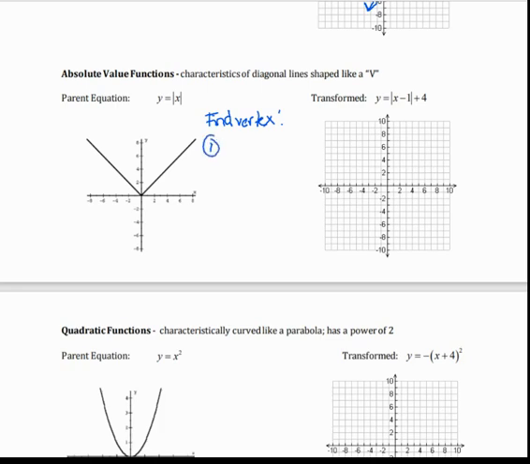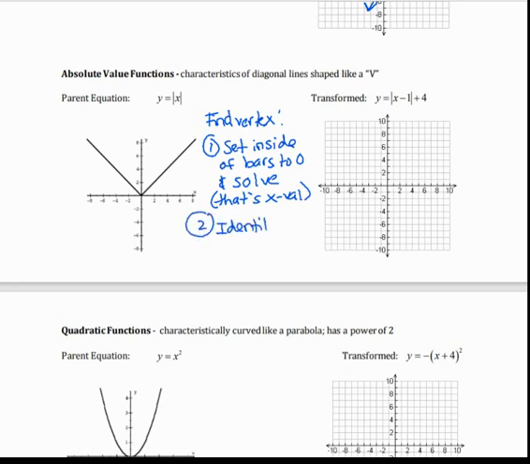But what you want to do is you want to set what's inside the absolute value bars to 0 and solve. That's your x value of the vertex. And then what you want to do is identify what is added or subtracted to the end.